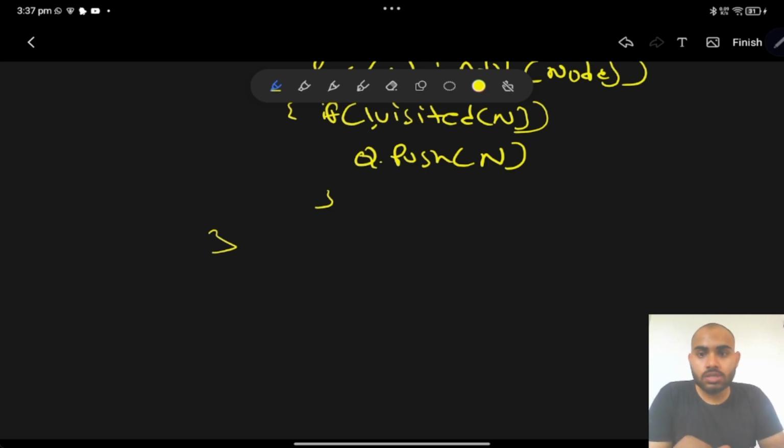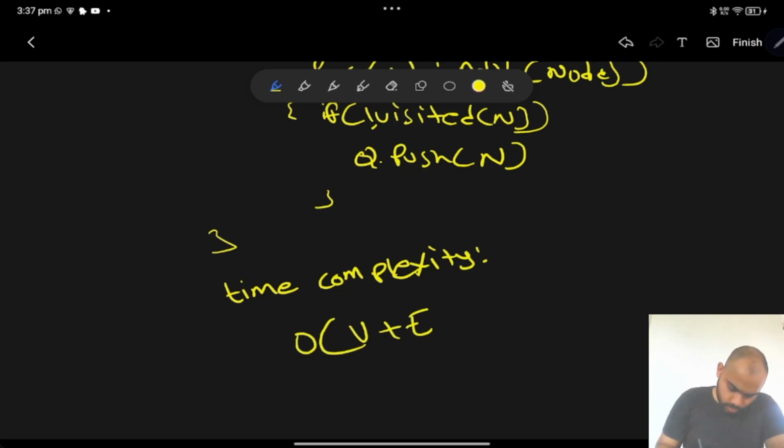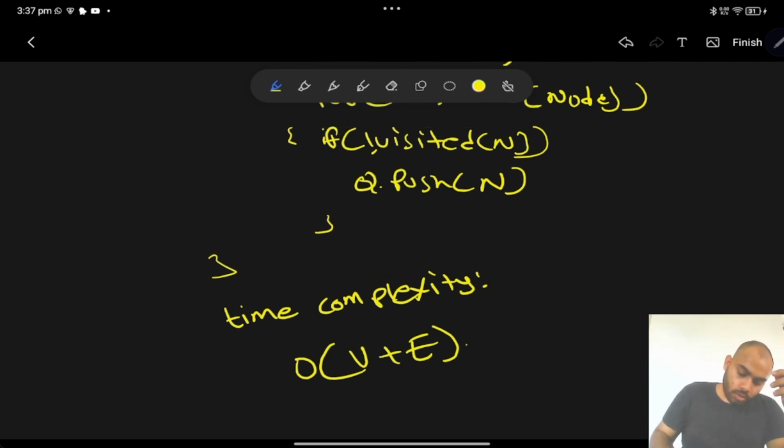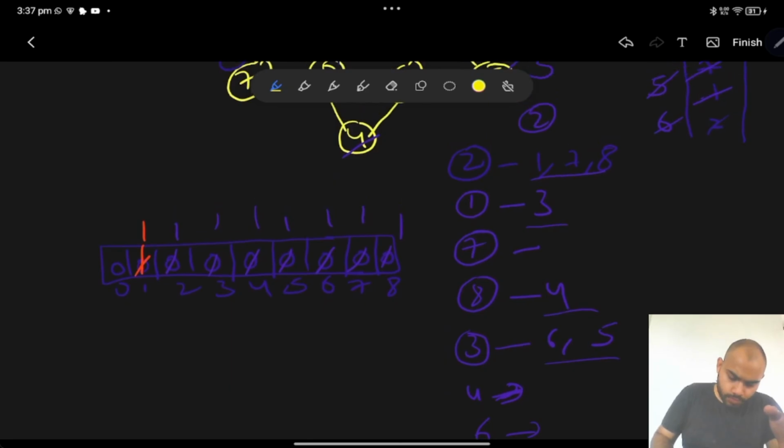Now coming to the time complexity of the BFS algorithm, it is v plus e. Now why v plus e? V represents the number of vertices and e represents the number of edges. Of course, we are visiting each node only once, according to the traversals which we did till now.